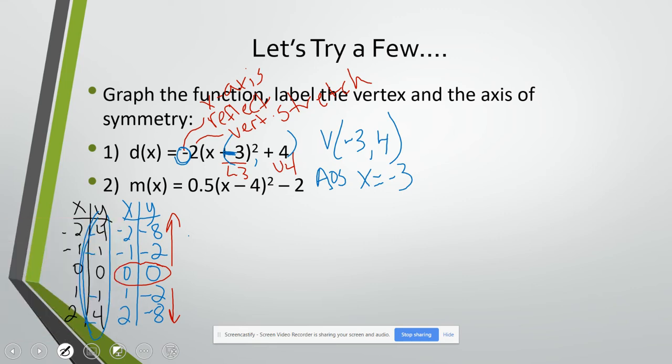So I'm going to work on making a sketch of our graph.